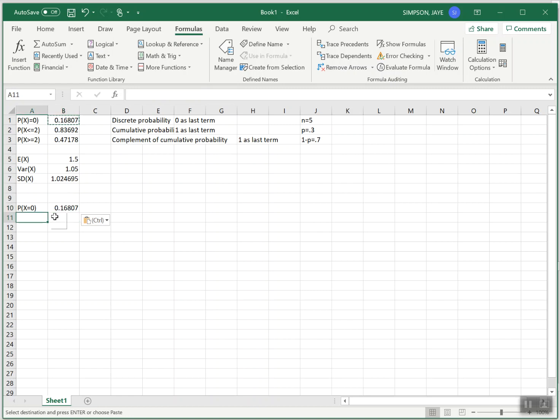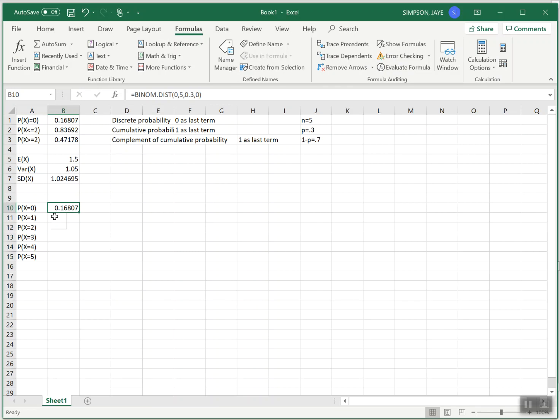But in order to graph it, I'm going to need to calculate the probability that x is equal to 1, 2, 3, 4, and then lastly 5.